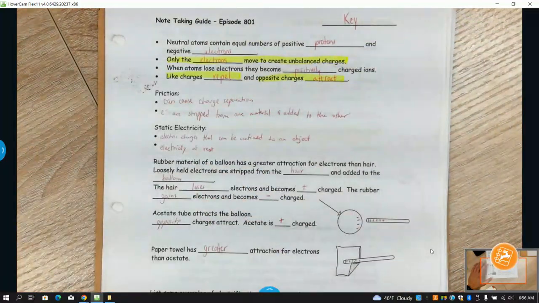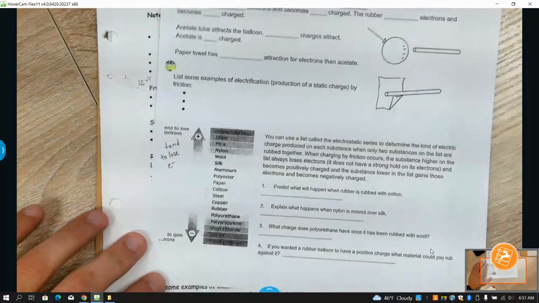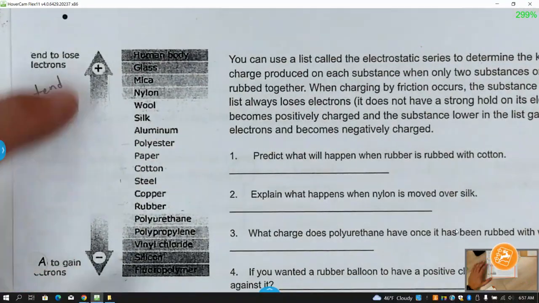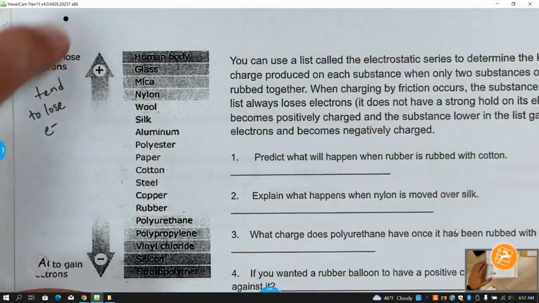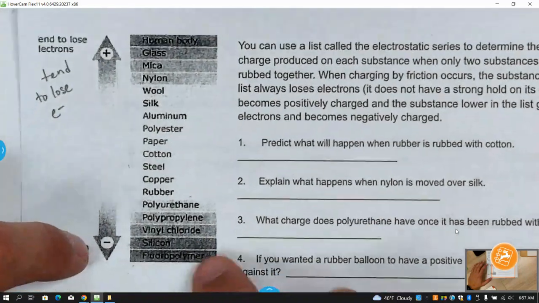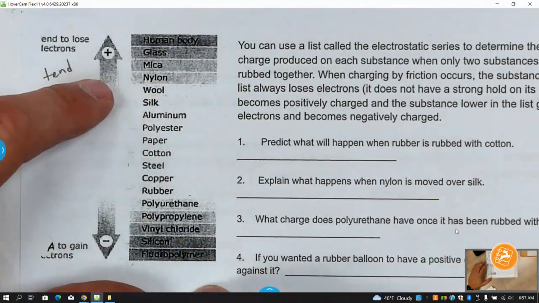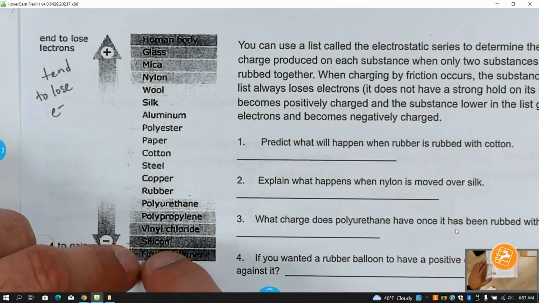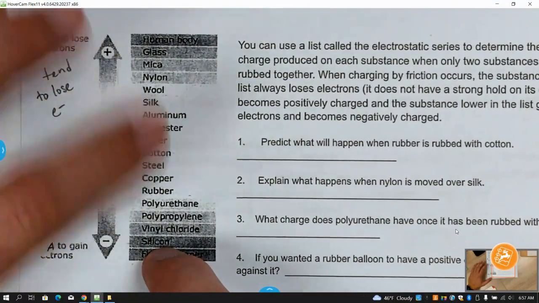That's how certain things work on this static electric series that we have. Looking down here, you can see many different charts, but according to how it goes, these guys tend to lose electrons and these guys tend to gain them. So these guys are stronger than these guys. Silicon down here is stronger than everybody above it on this chart.